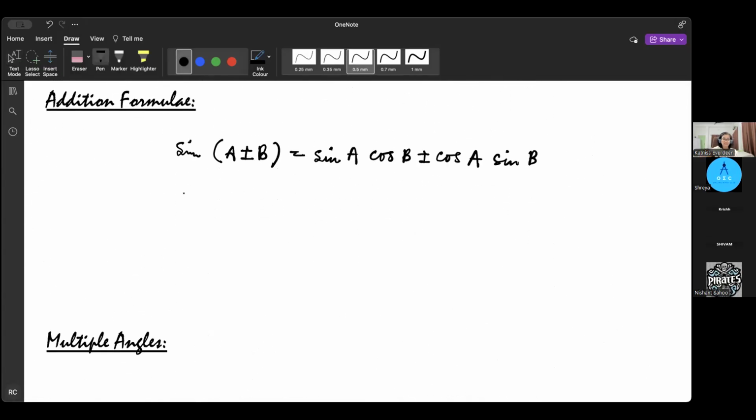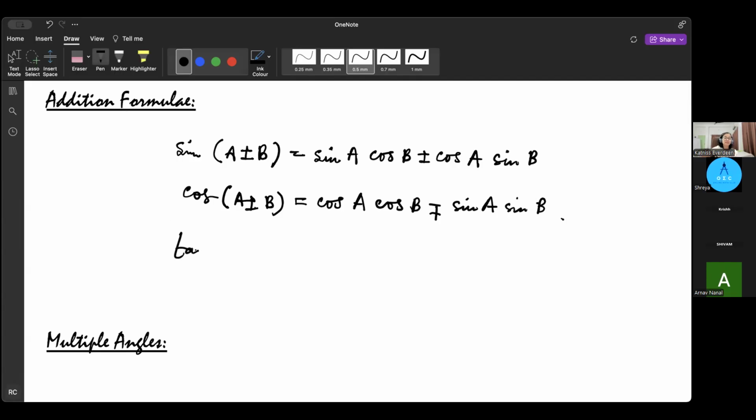So this is the addition formula that we are all very familiar with. Then the next one is cos(A±B) is cos A cos B minus plus sin A sin B. And the third and last one is tan(A±B) is (tan A ± tan B) divided by (1 minus plus tan A tan B).